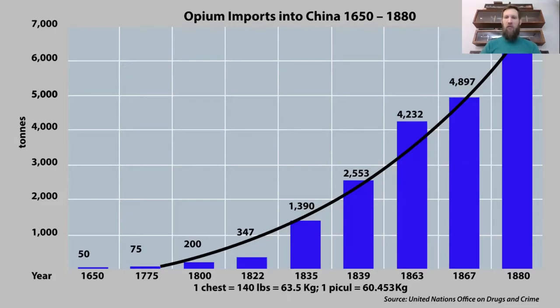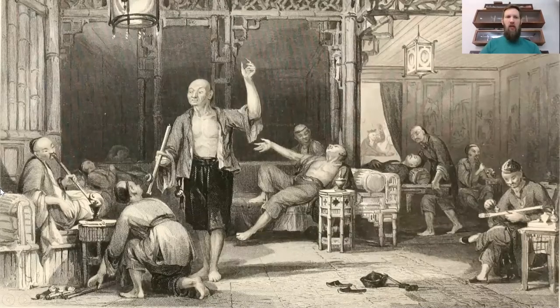You'll see that throughout the rest of the 1800s, this is going to grow even further up to 6,500 tons in 1880. Because, spoiler alert, the Chinese are going to lose the First Opium War, and they are going to be forced to accept the legality of opium.